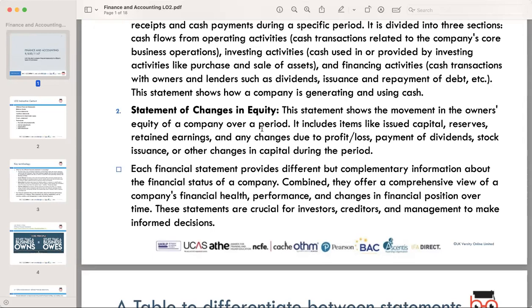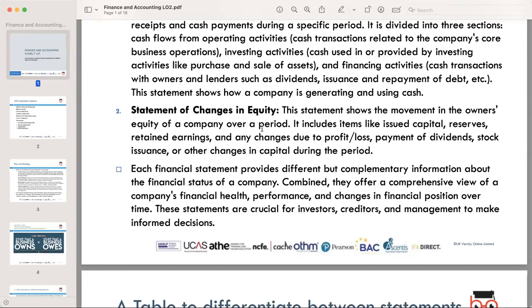Financial statements are documents that provide a comprehensive view of a company's financial performance and position. The balance sheet gives us a snapshot of the company's assets, liabilities, and equity. Then the income statement shows the company's revenue, costs, and expenses, helping us understand its profitability. And then the cash flow statement reveals the company's cash inflows and outflows, highlighting its ability to manage cash resources.